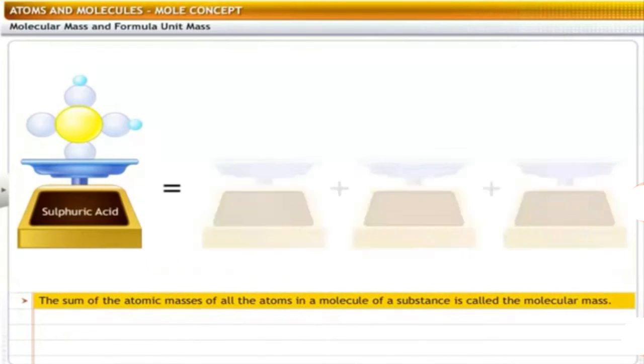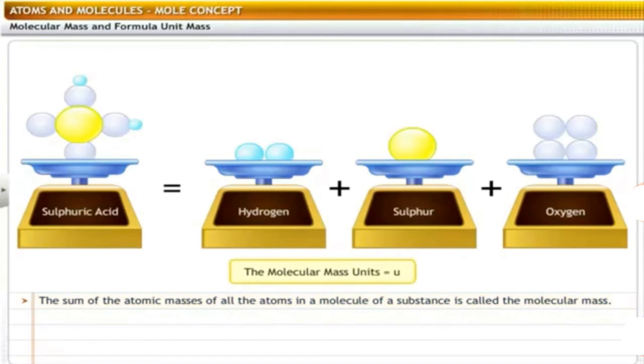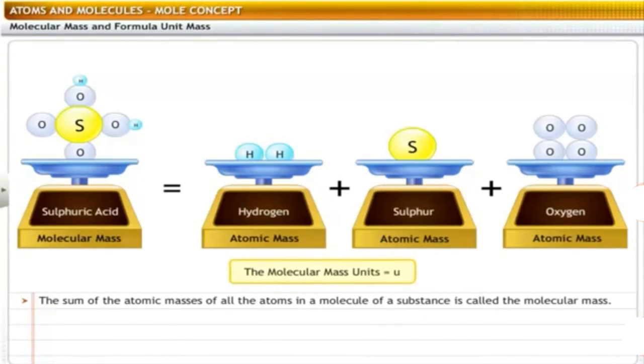Here's another example, sulfuric acid. So, let's calculate the atomic masses of all the elements present in this. It's therefore the relative mass of the molecule expressed in atomic mass unit u. For example, the molecular mass of sulfuric acid is equal to the sum of atomic masses of hydrogen, sulfur and oxygen.